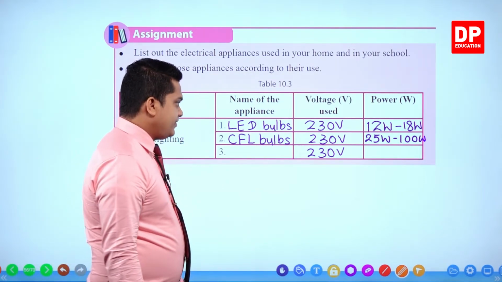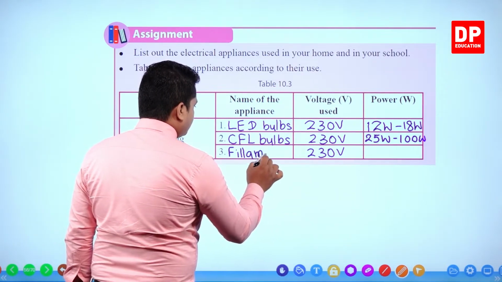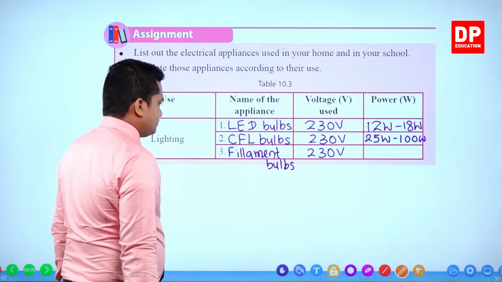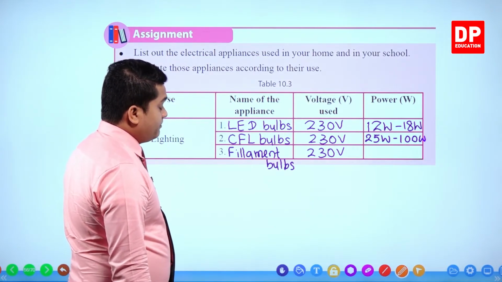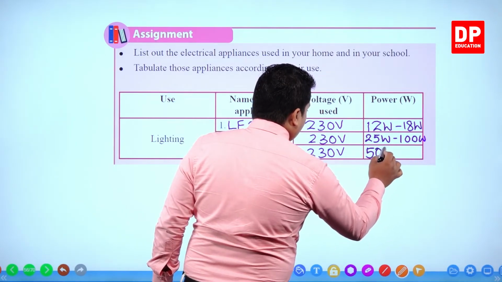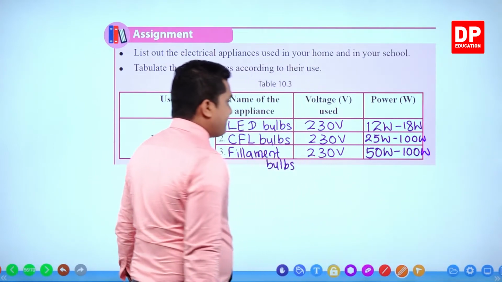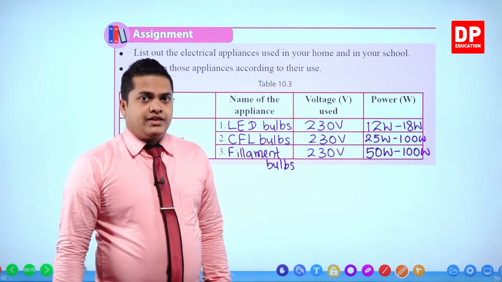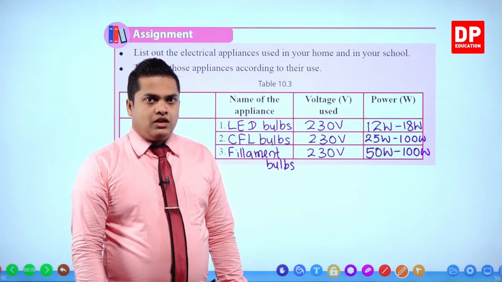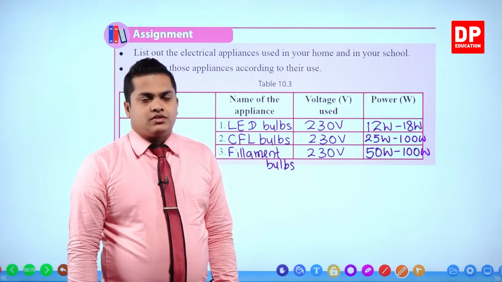Okay. Then the third one is filament bulbs. Filament bulbs usually start from 50 watt to 100 watt. Actually, there are 25 watt filament bulbs as well, but using these 25 watt filament bulbs is useless.